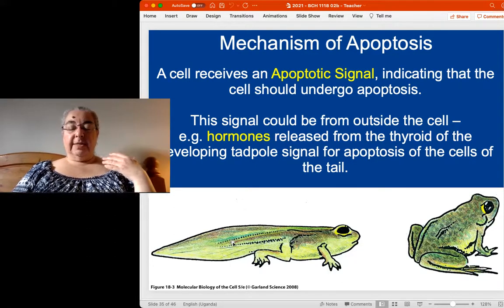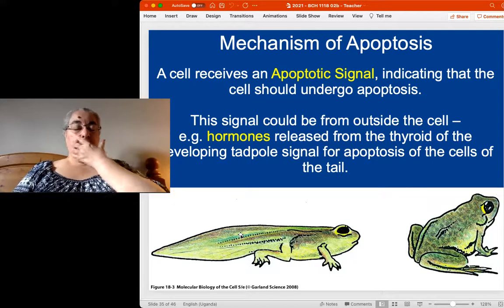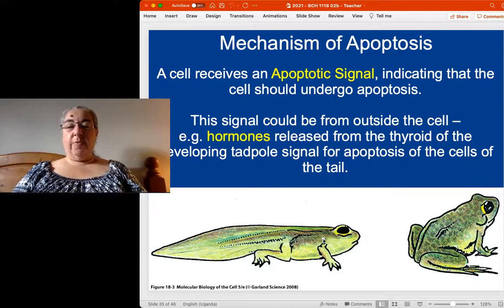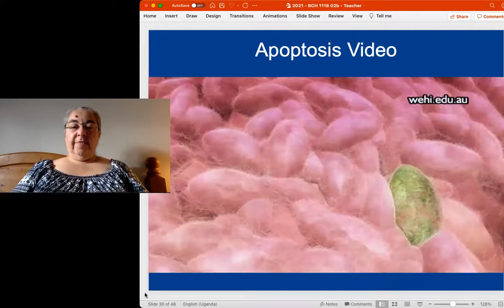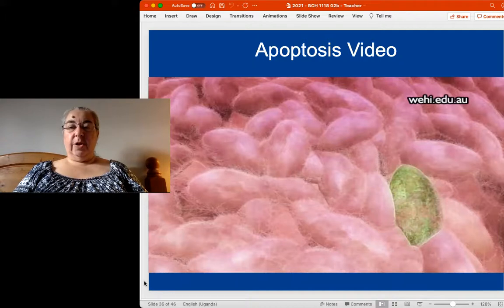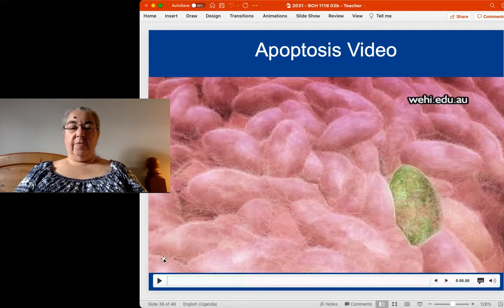So developmental apoptosis, a hormone signal sent at the right time, at the right stage of development. I've got a video for you now, which just helps you to see what's going on in this process, and then we'll look at the details of the process.